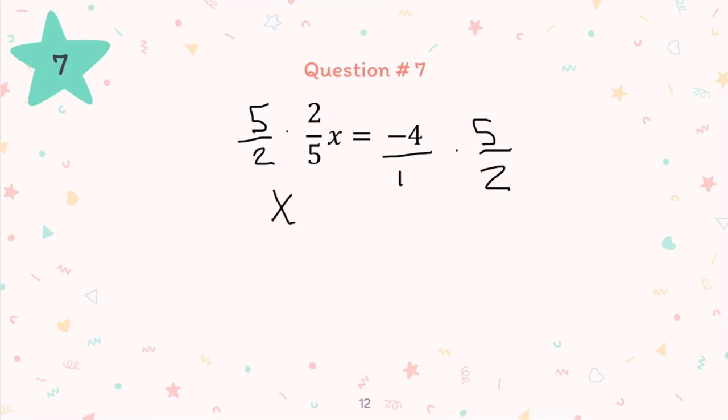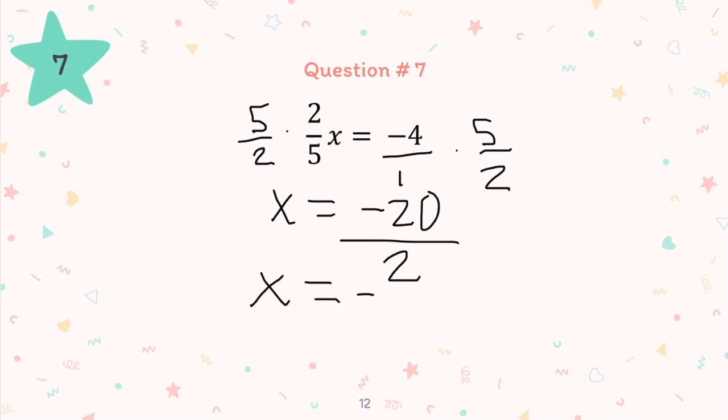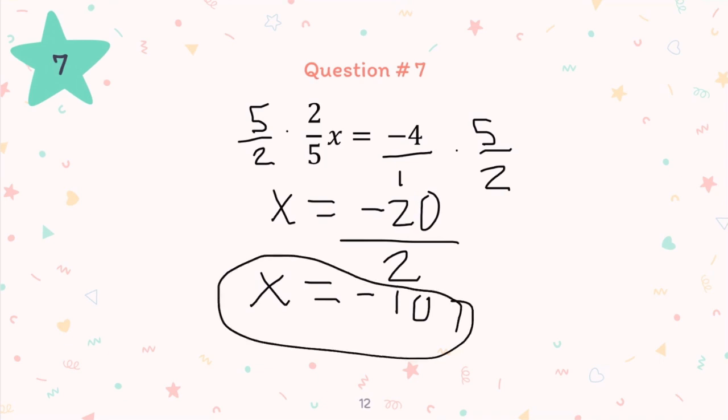So we're just going to put x. And then we're going to solve this, which would equal negative 20 over 2. So x equals negative 10, because negative 20 divided by 2 is equal to negative 10. So x is equal to negative 10.